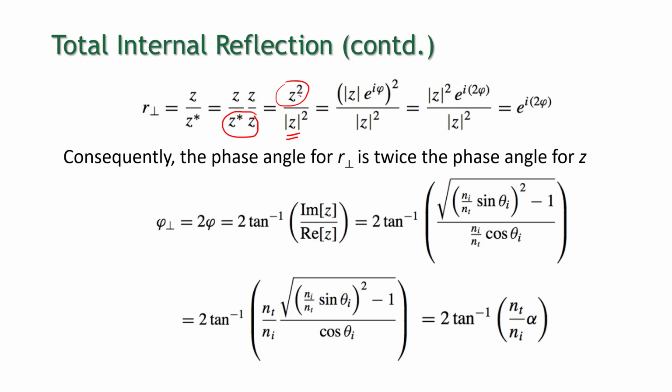And z could be written as magnitude times its phase, because a complex number is like a vector. So magnitude times its phase is the complex number, and you have the square there. We cancel that, and that will give us this thing.